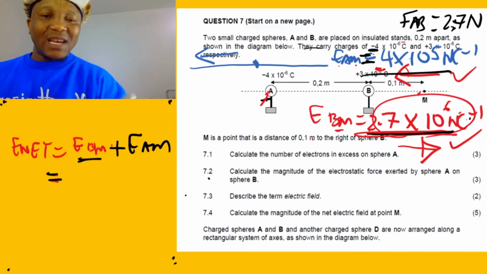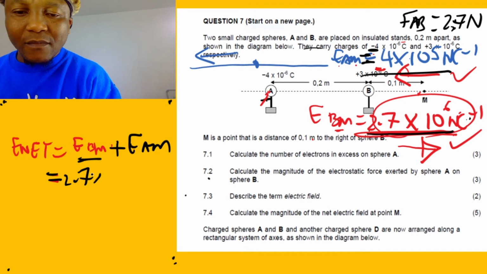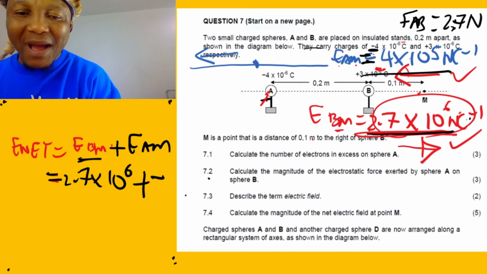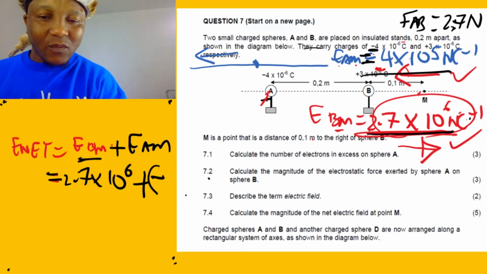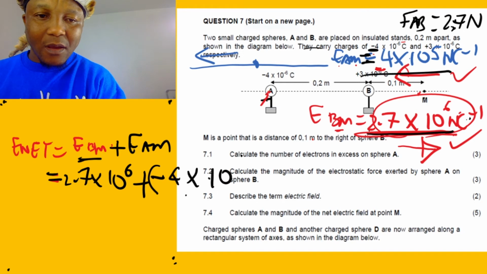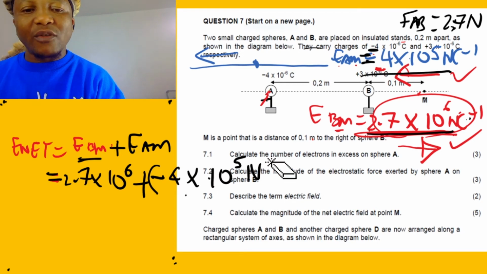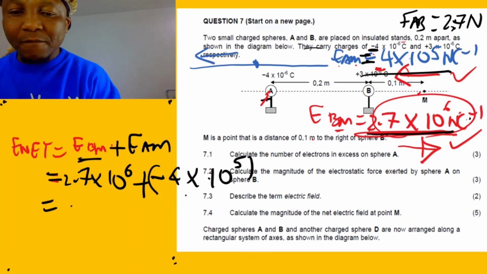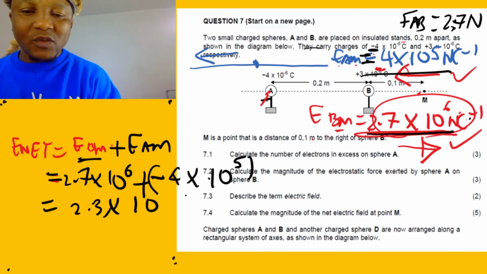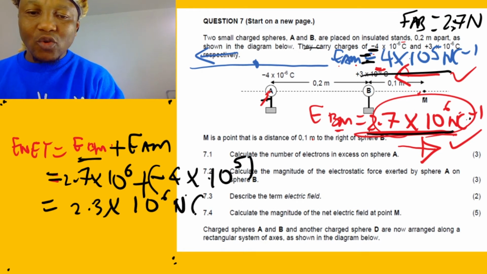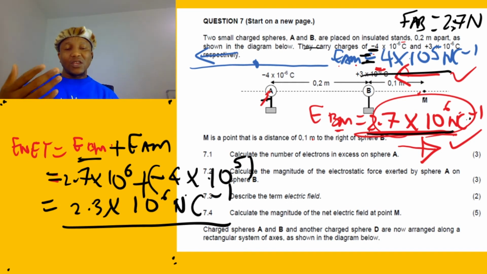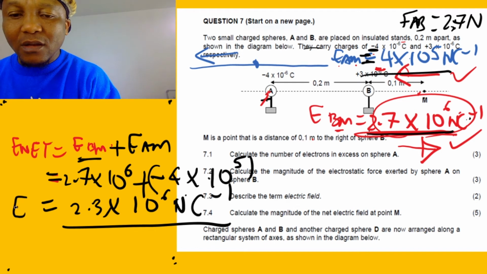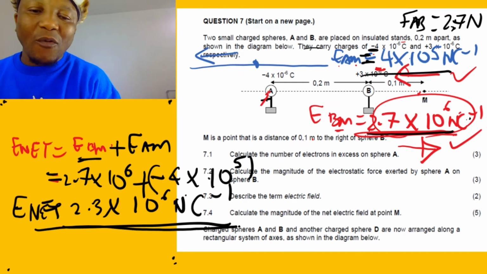So 2.7 times 10 power 6 plus 4 times 10 power 5 Newton per coulomb. The net electric field, if you add them together, gives 2.3 times 10 power 6 Newton coulomb negative 1, because that's the unit of electric field.